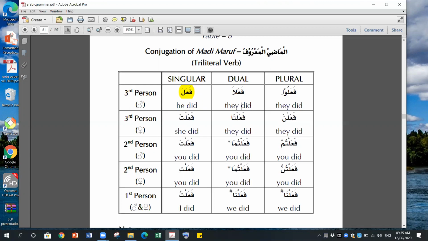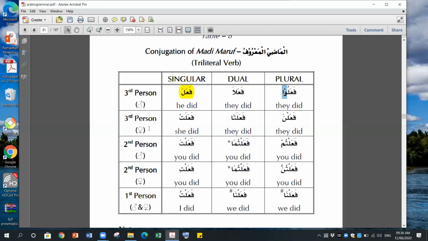We added wow and alif, because the root word is the same, fa, ain, lam. We added wow and alif and it became plural. So katabu, they wrote. Dakhalu, they entered. Sharibu, they drank.